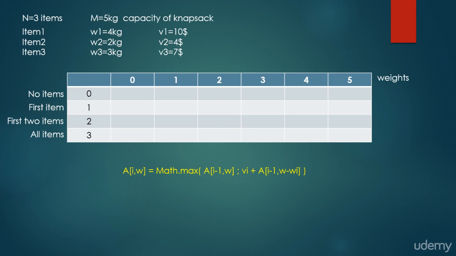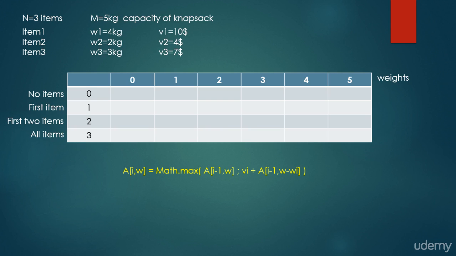And because we have subproblems, we have a subproblem when there are no items. It's very easy because we are going to fill the table with zeros, because if there are no items, of course we cannot put anything into the knapsack. And then we have only a single item with index 1, and we solve the subproblem assuming we have only one item.